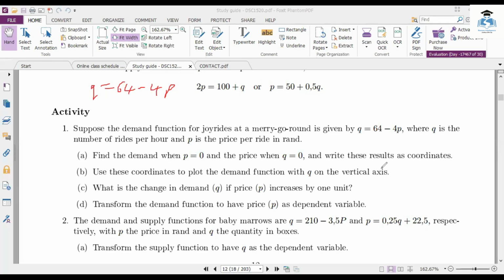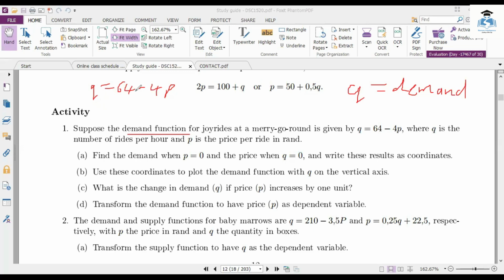So already you understand that Q is the demand, right? The question says, suppose the demand function. Already you know that currently you are dealing with the demand function, because the question has given you the clue already.